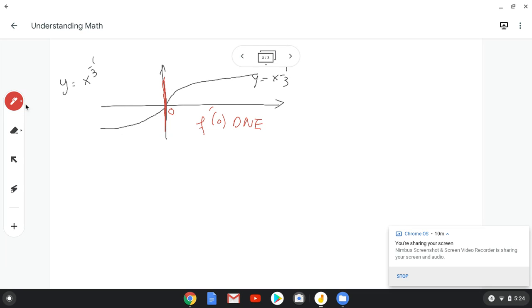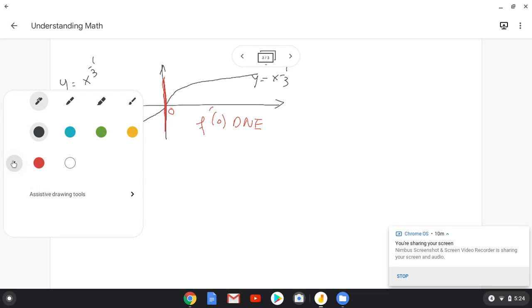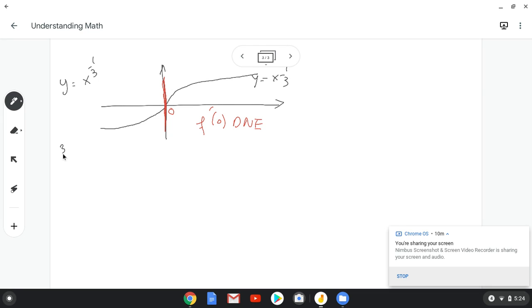Okay. Now the third example that I would like to take a look at carefully is y equal to x to the negative 1/3. Okay, so like we said, we found the derivative y prime is equal to negative 1/3 x to the negative 4/3, and is equal to negative 1 over 3x to the 4/3.